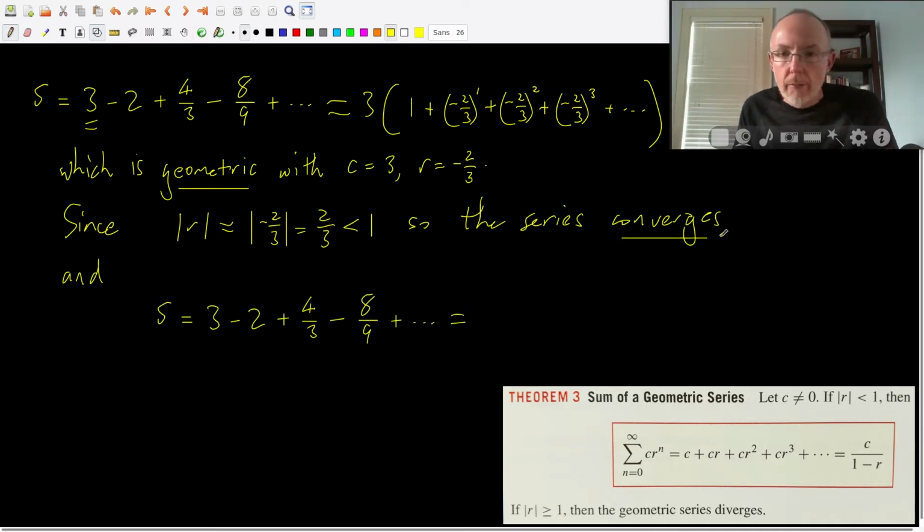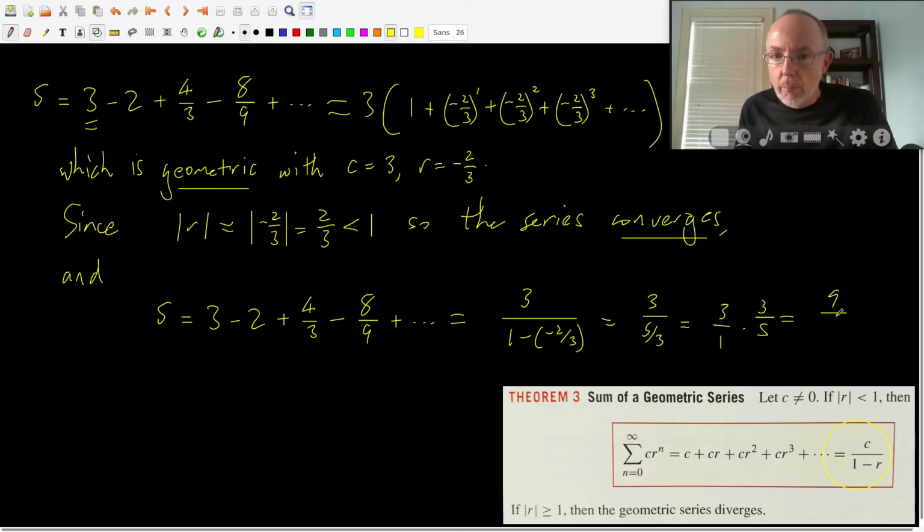And not only does it converge, but this tells us a formula for the convergent value. So this thing has to add up to 3 over 1 minus negative 2/3, which is 3 over 5/3. That's going to be 3 over 1, if you like, multiplied by 3/5.